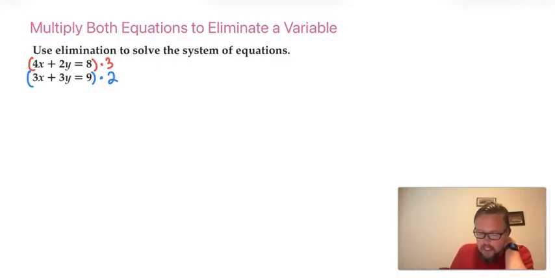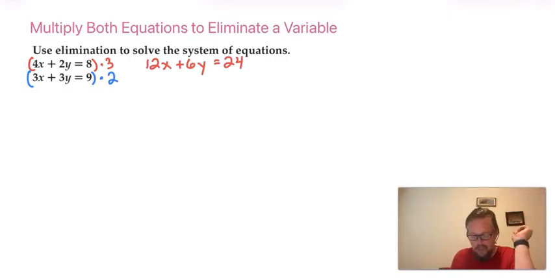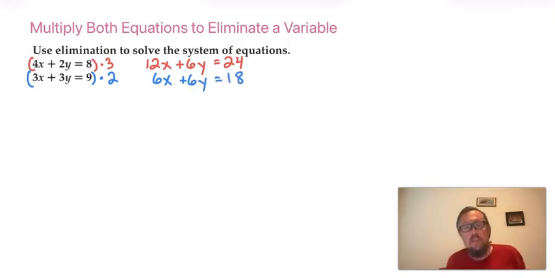So the top equation is going to be 12x plus 6y equals 24. That's what it looks like when everything is multiplied by 3. And on the bottom, we have 6x plus 6y equals 18. So the coefficients for the y's are the same, so we can go ahead and subtract these two equations.